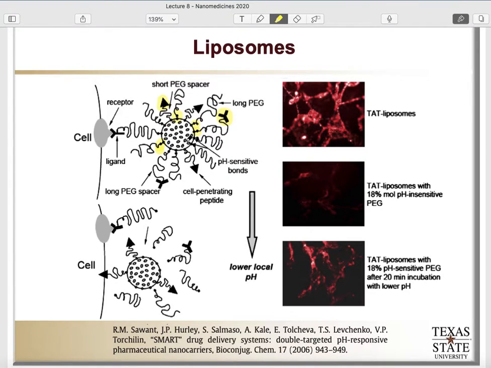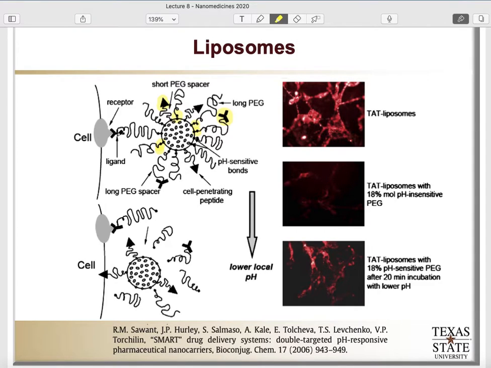And so what would happen is that this nanoparticle could circulate, it could accumulate at the tumor. Once it is at the tumor, tumors tend to have lower pH, in the range of about 6, and so the pH cleavable bond would break, enabling the release of the long PEG, whose role is just to increase the circulation time in the body.